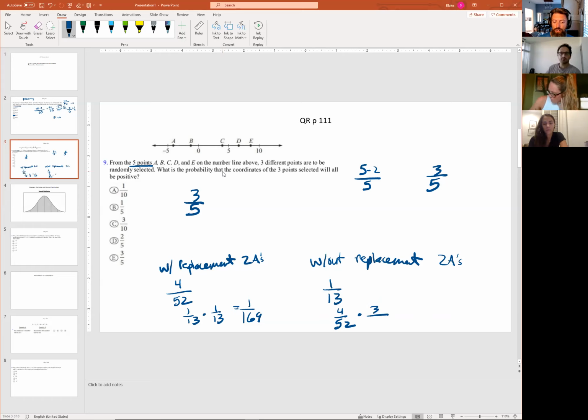And how many cards total are left in the deck? 51. 51, yeah. So here we're going to get 12 and then 52 times 51. I'm not going to try and do that one in my head. 2,652.